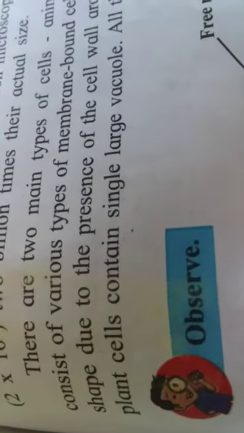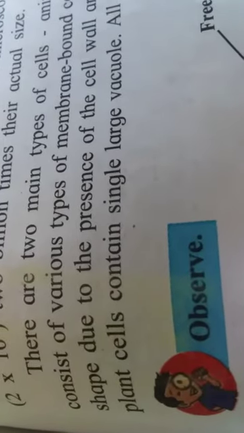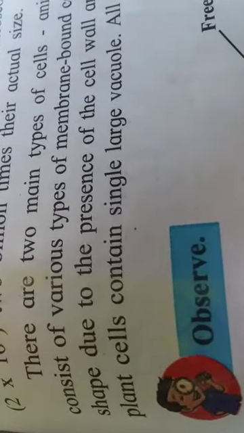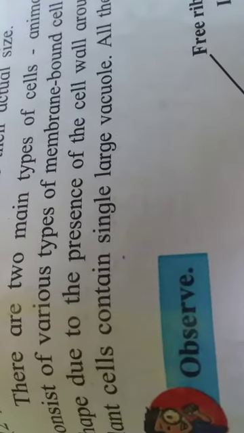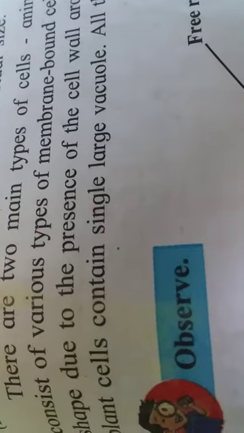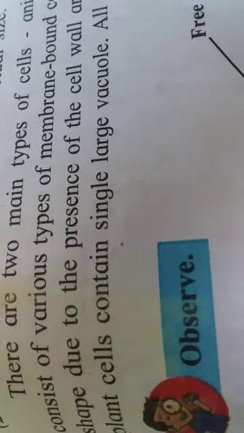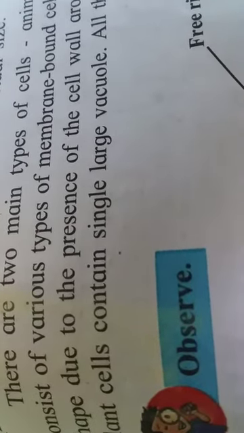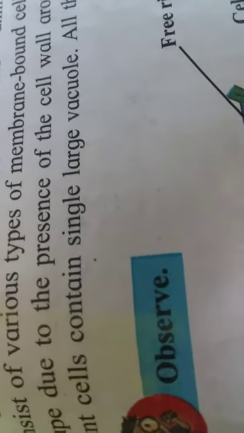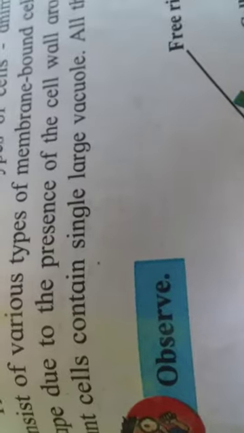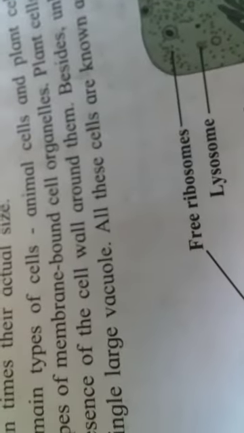If you see plant cells, what do they have? They have a definite shape. But the animal cells are not having a definite shape. Due to this, the presence of a cell wall is there around them.